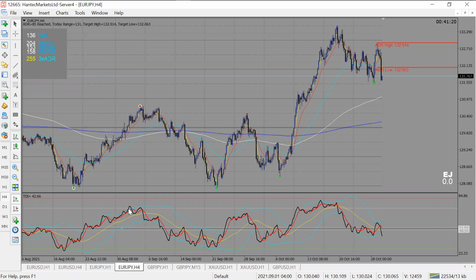Now the RSI is the black line, while the red line is the signal line, while the yellow line is the market baseline, and this other aqua color band is the volatility band.